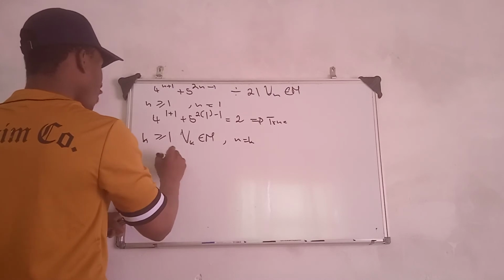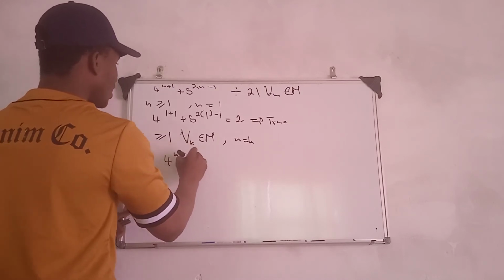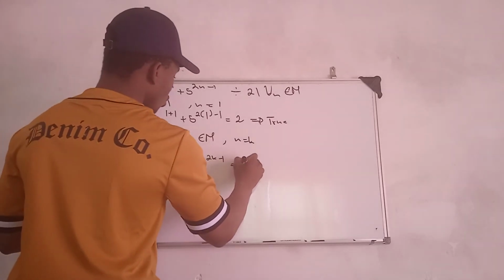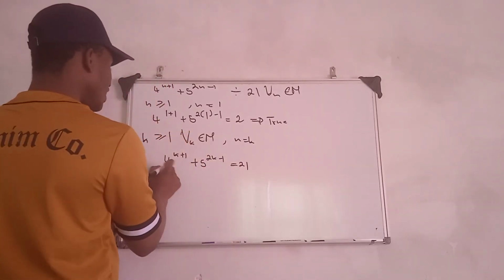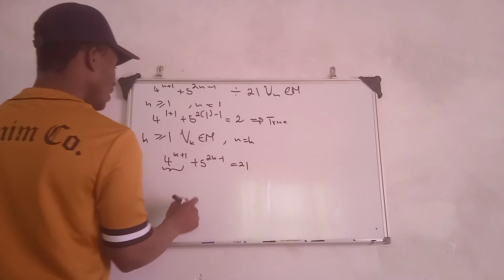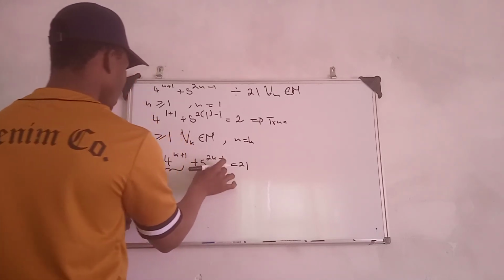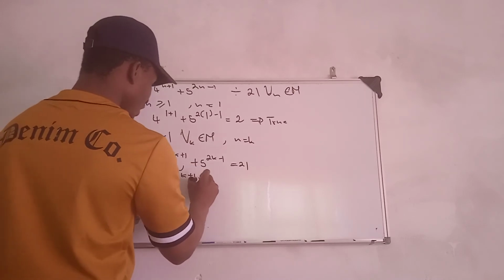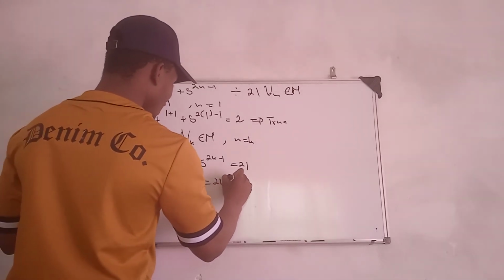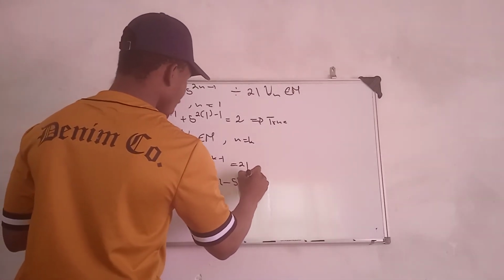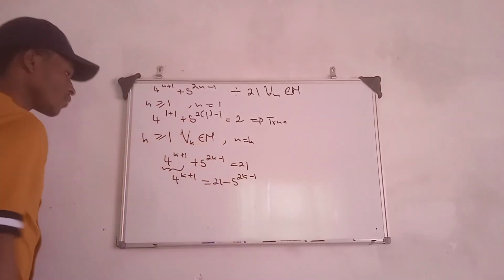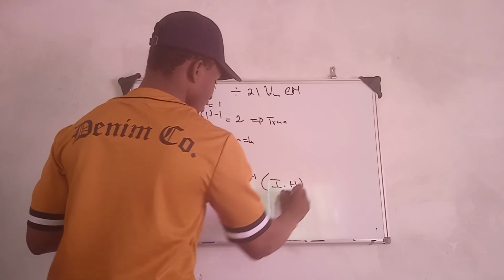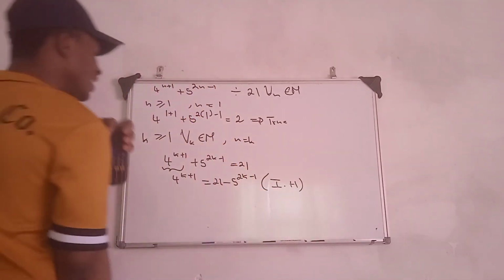So it's going to be 4^(k+1) plus 5^(2k-1) equals 21. I can make this the subject of the formula, like last time. So 4^(k+1) equals 21 minus 5^(2k-1). So this is my inductive hypothesis.